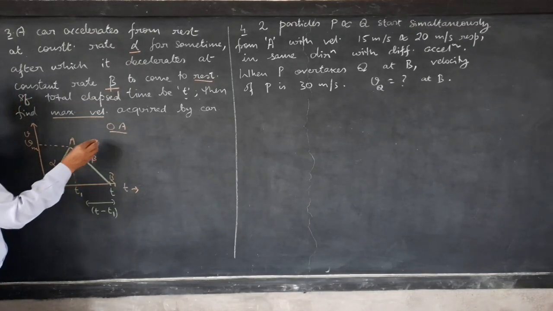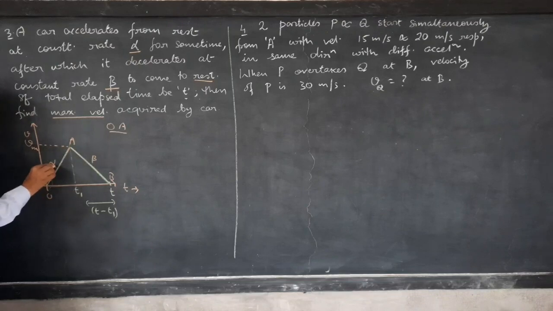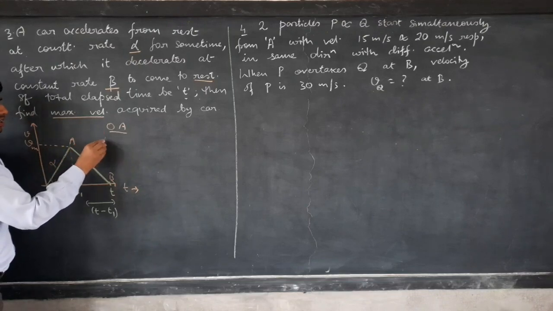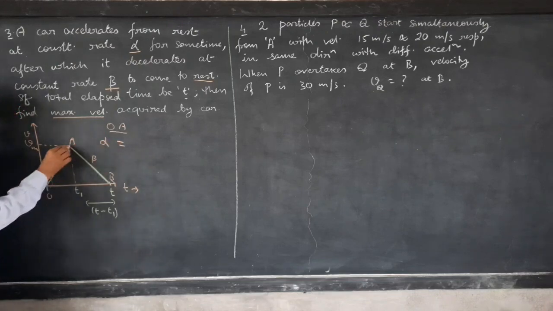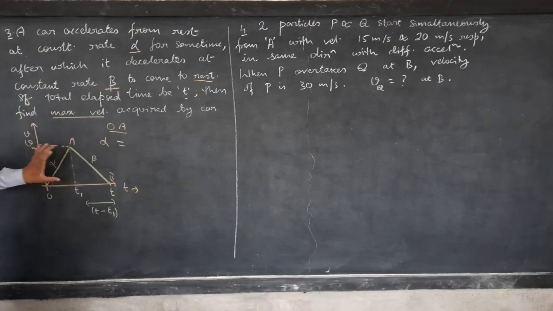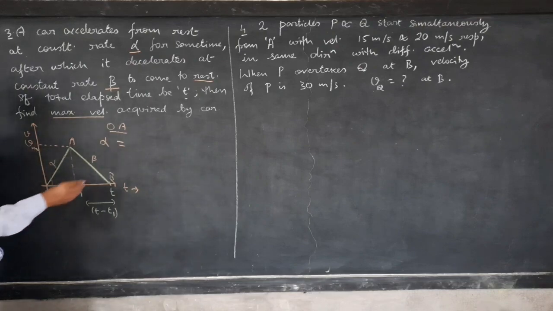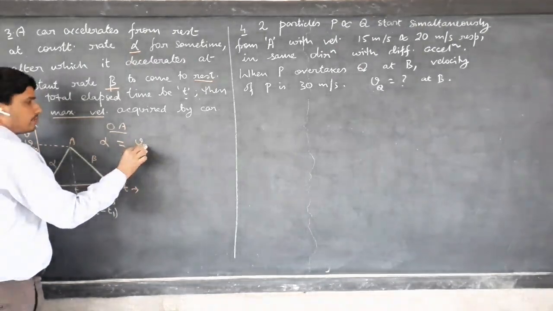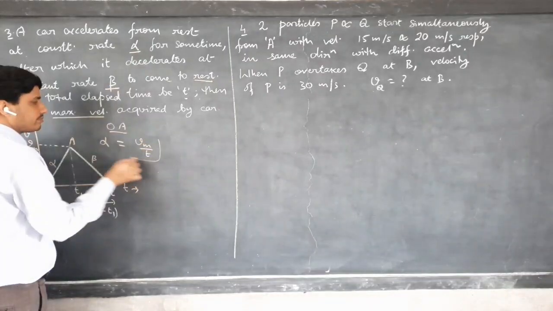The slope of the Vt graph gives acceleration, and the acceleration in this part is given in the question to be alpha. So alpha is equal to perpendicular by base. This length you can see from the graph is Vm, and the base is 0 to t1, that is t1. So it is simply Vm upon t1.